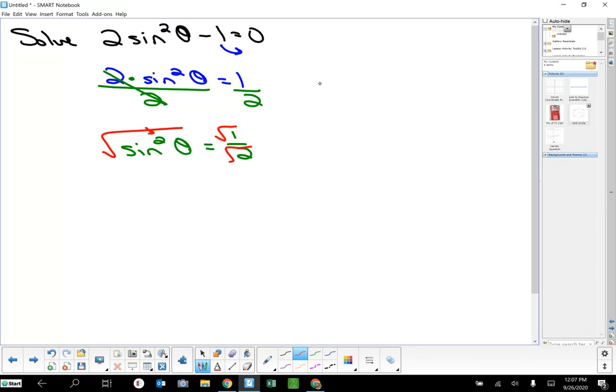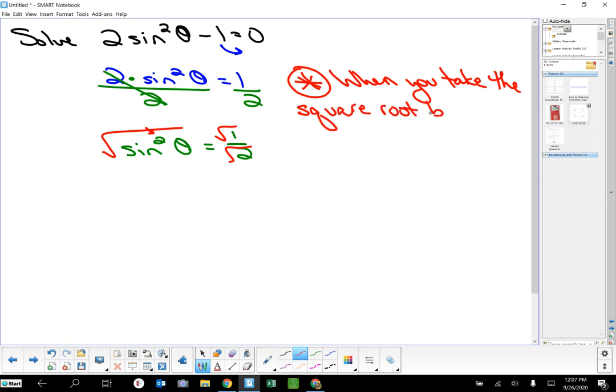And remember, when you take a square root, this is kind of a biggie. Be sure to put a plus or minus in front of the radical.